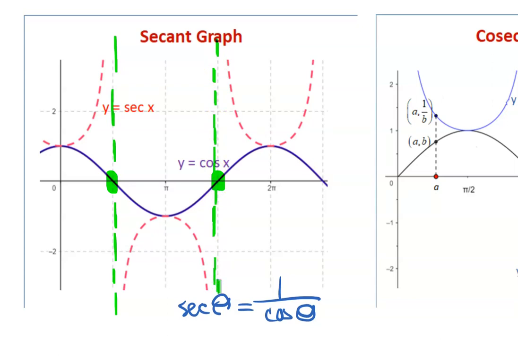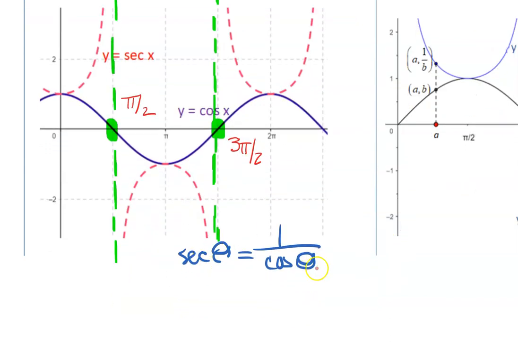So what areas are not going to be in our domain? It's going to be pi over 2 and 3 pi over 2. And that's just kind of coincidental that it was the same as our tangent. Then you can take the same approach with just the function, not considering the graph, and you go back to your unit circle and say, okay, if secant theta is equal to 1 over cosine theta, similar to the conversation in number 9, where is the bottom equal to 0?